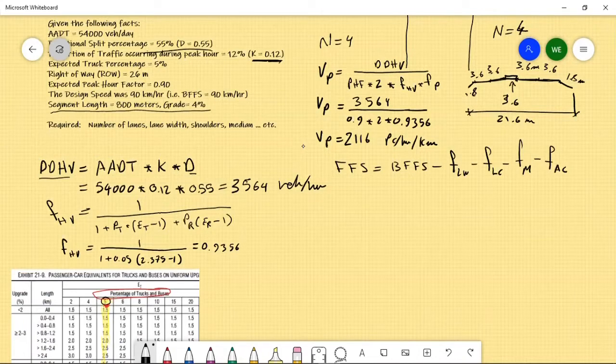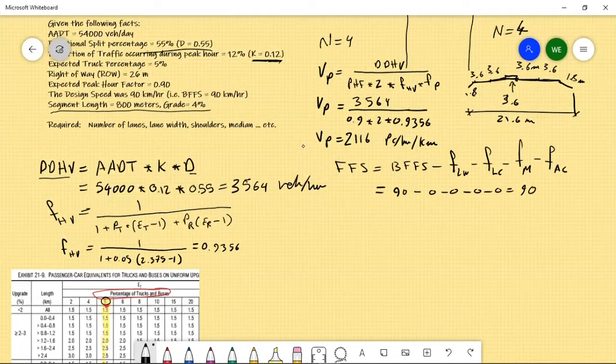Since our design is typical to the standards, we have a median, so all of these factors are 0 except the access point, and we have nothing related to access points. So we are going to assume there is no access points. So the basic free flow speed here is 90 minus 0 minus 0 minus 0 minus 0. So the free flow speed is 90.